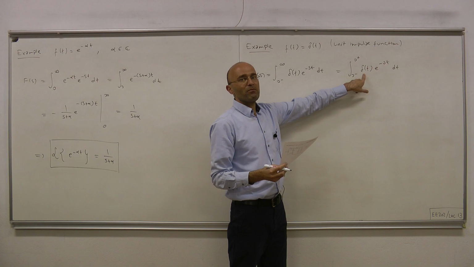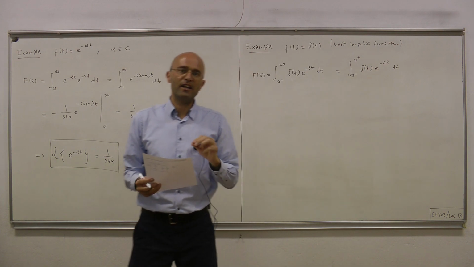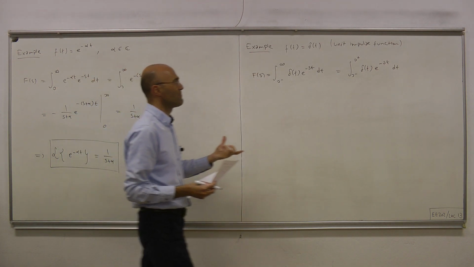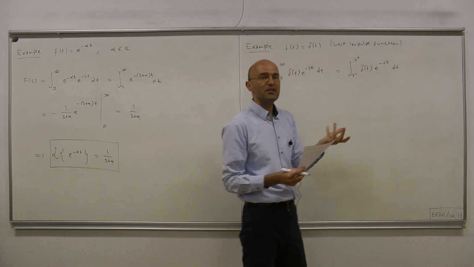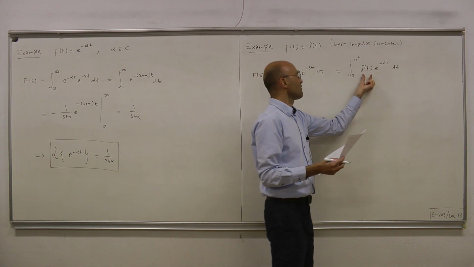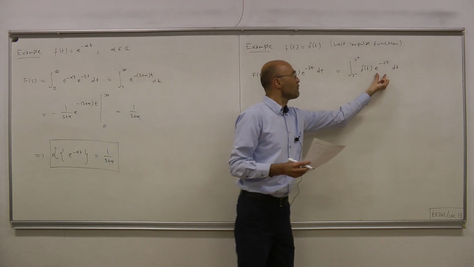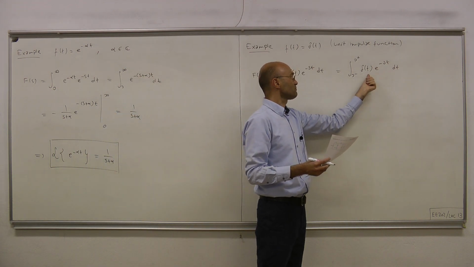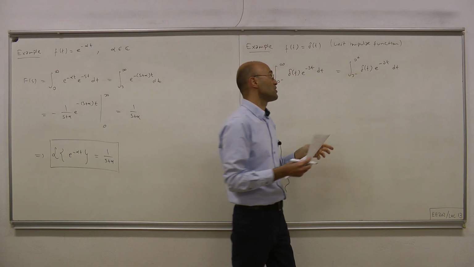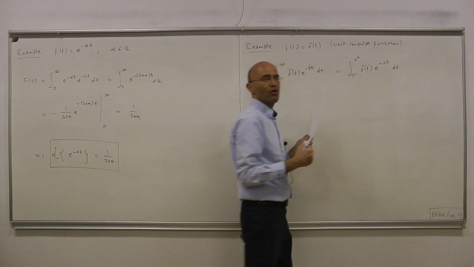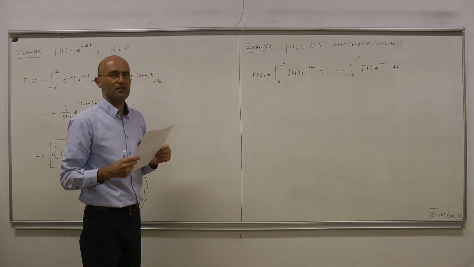Remember that when delta of t multiplies a function, and if that function is continuous, then that product can be replaced by the delta function multiplying the value of that function evaluated at the time that makes the argument of the delta 0.